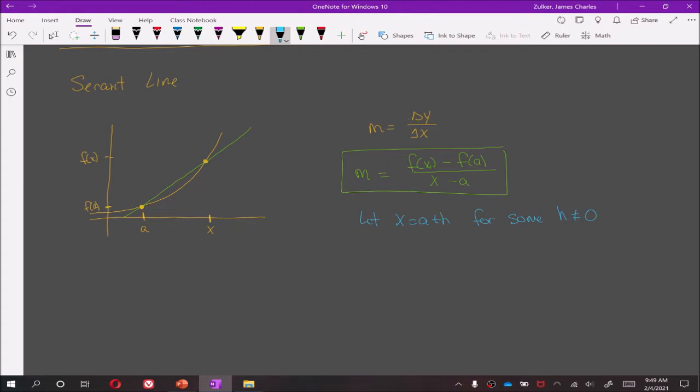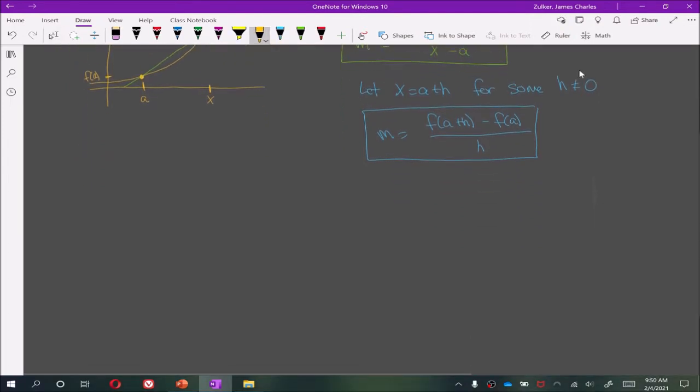Then we can write the slope of the secant line in this form instead: f of a plus h minus f of a all over h. Okay? So both of these forms can be used, and in fact we will wind up looking at both forms in this video.